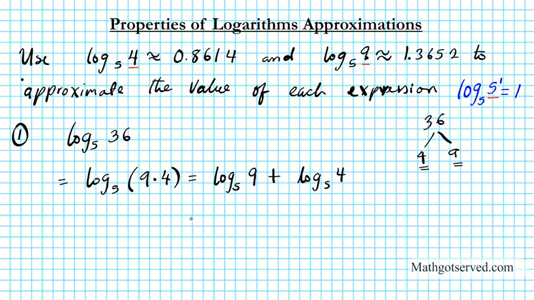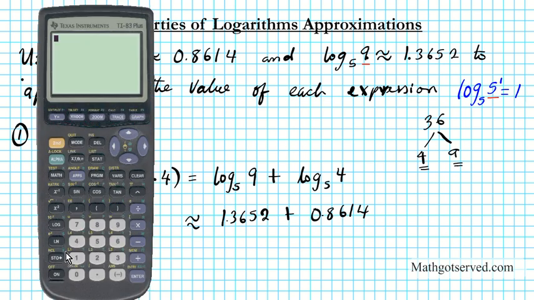Now I'm going to substitute the approximate values and compute the sum. Log base 5 of 9 is approximately 1.3652, and log base 5 of 4 is 0.8614.